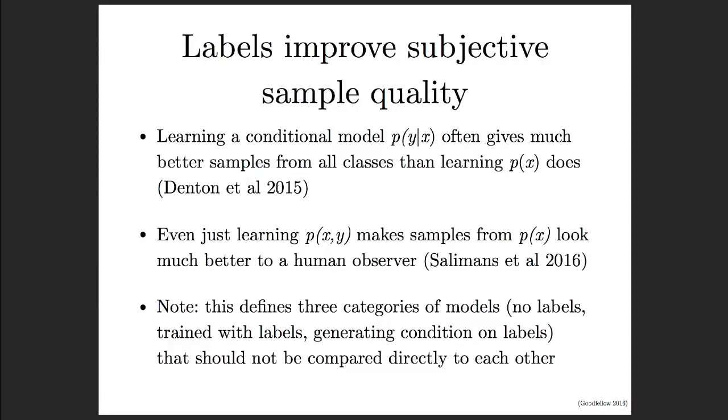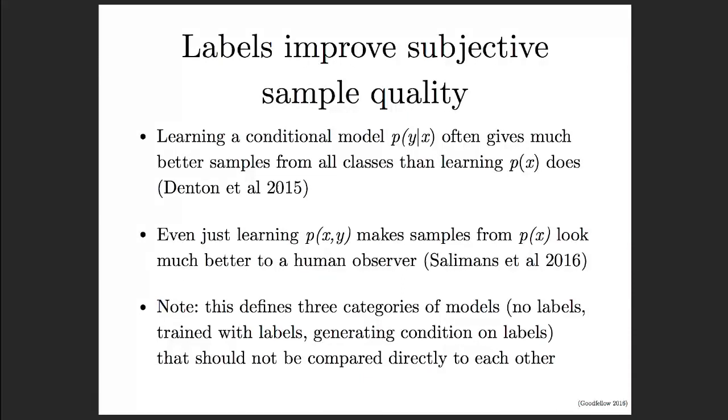Mehdi Mirza and Simon Osindero had developed a conditional version of the generative adversarial network, where you could give some input value that should control what output comes out. And Emily and her collaborators showed that if you used a class label as the input, you could create an output image from that class, and that these images would be much better than if you just learned the density over images to begin with.